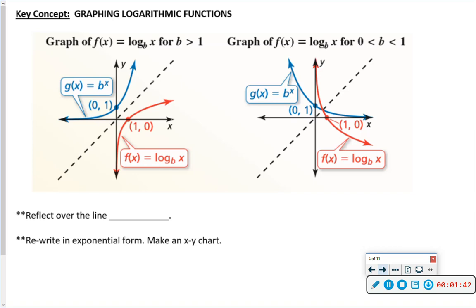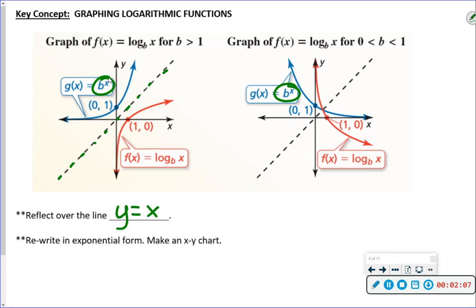So let's just take a look at the graphs here for a quick second. Graphing logarithmic functions. Remember, we did our exponent functions, the blue curves here on the slide, in the previous lesson, section 3.1. Today we're going to convert them into logs, the red parts of the graphs. Very similar. The curves are just kind of opposite. They always reflect over this dashed line going through the middle of the graph, our identity function.